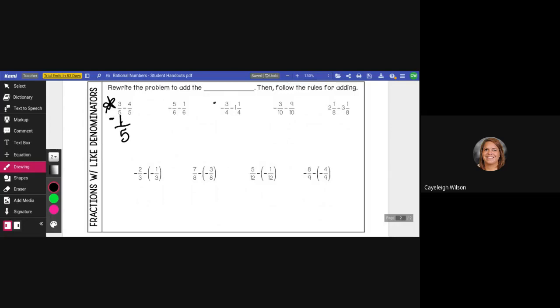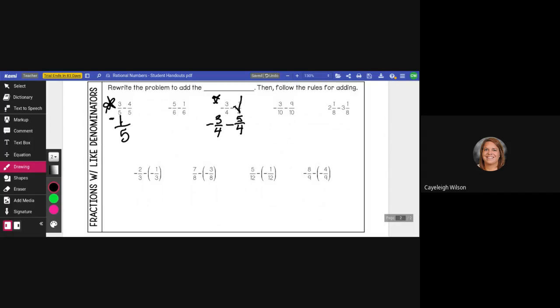All right, I'm going to go to here. So negative 3/4 minus 1 1/4. So I'm looking at it. I do have a mixed number, so I'm going to have to change that into an improper fraction. So 1 times 4 is 4, plus 1 is 5. So that's going to be 5 over 4. All right, and then I already have a common denominator of 4, which is good.